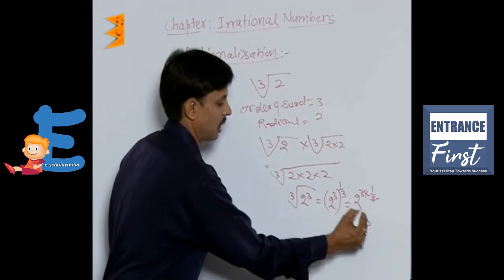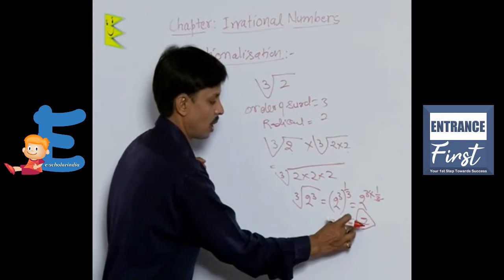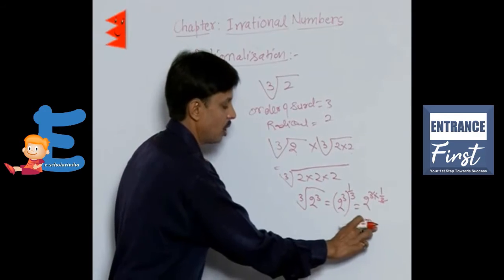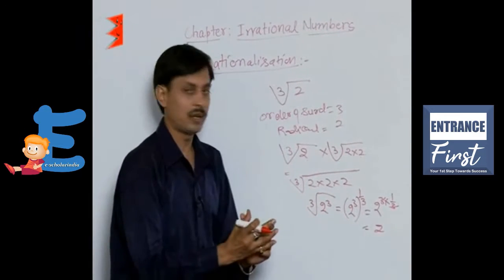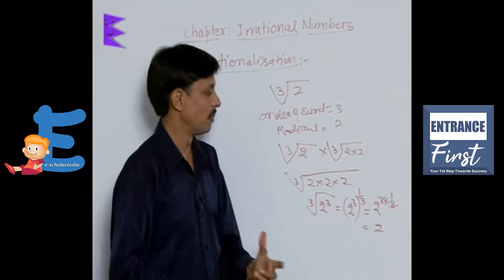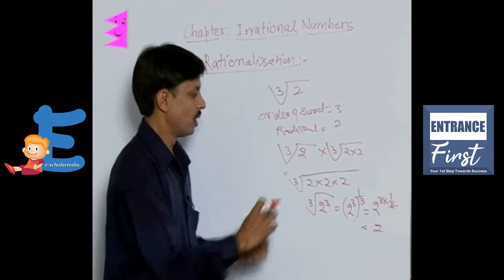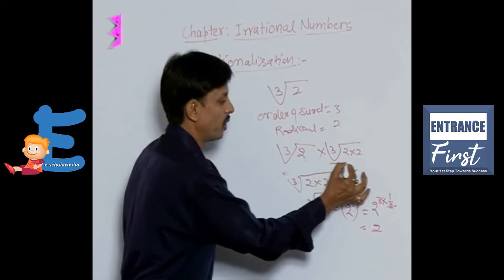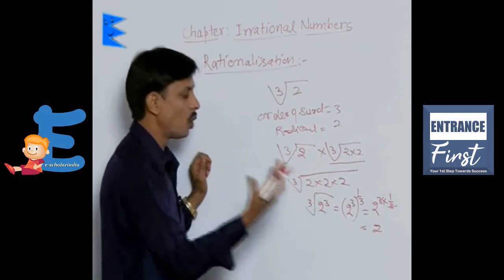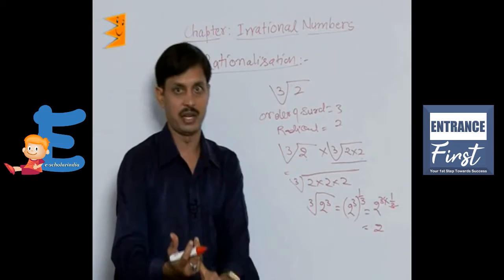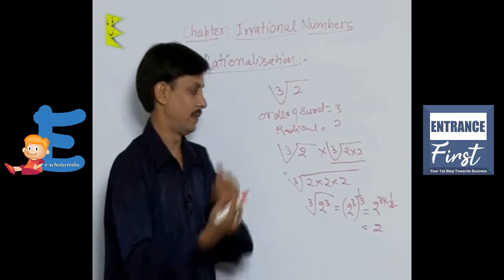What answer comes? 2. So the answer of this part is a rational number, and the simplest number required is the cube root of 2 into 2. This value, the cube root of 2 into 2, is known as the simplest rationalizing factor, SRF.